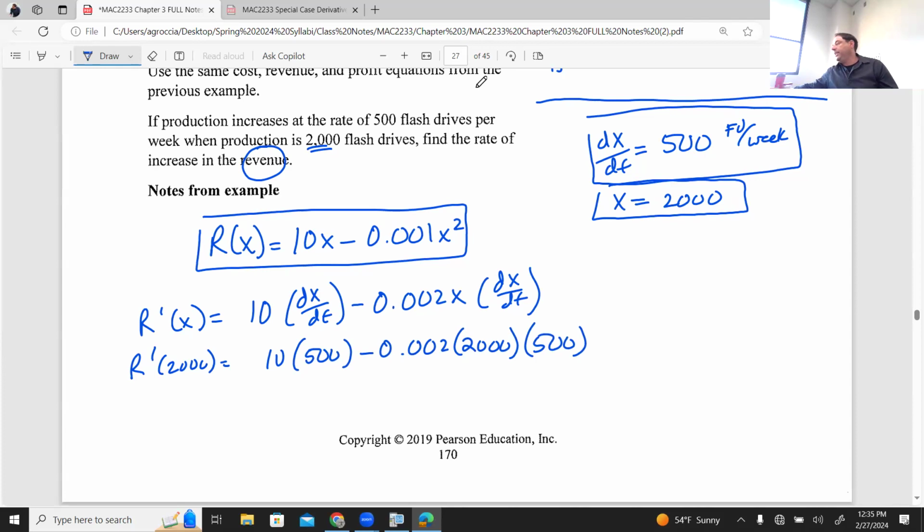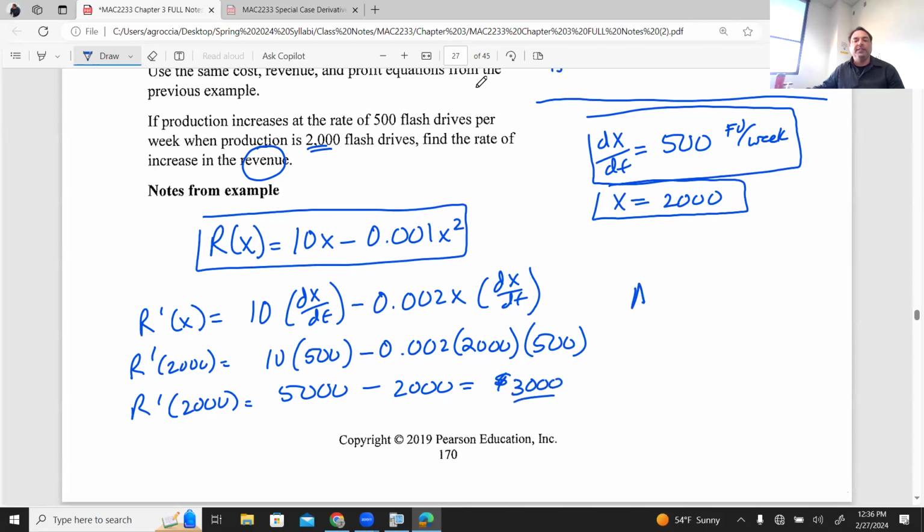Okay, so be careful. If you plug all that in, you will get 10 times 500, which is 5,000, minus, if you multiply all of those, you'll get 2,000, and that will give you $3,000.